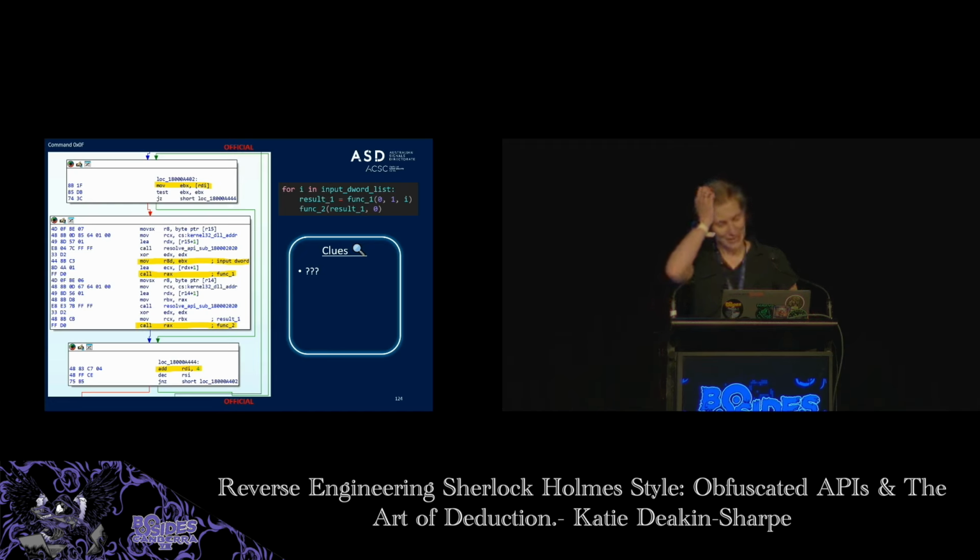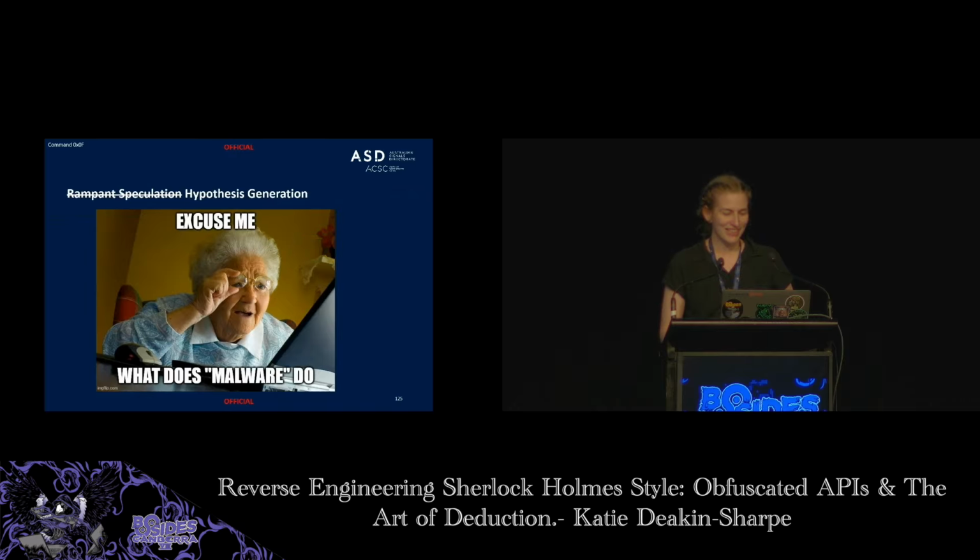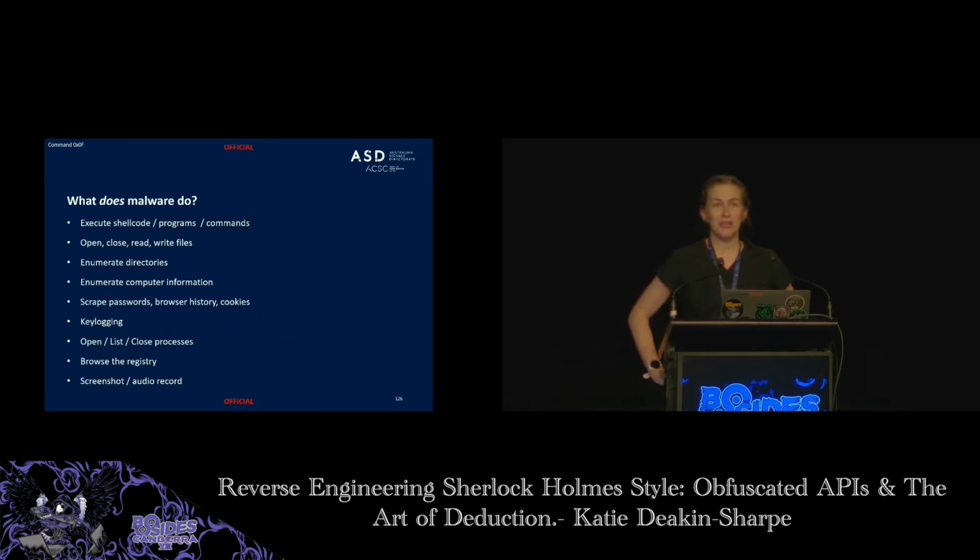I stared at this for a while and went, okay, I guess this has to be my strategy. So I literally sat there and was like, what are some of the things that malware can do? Here's a non-exhaustive list of things that malware does.